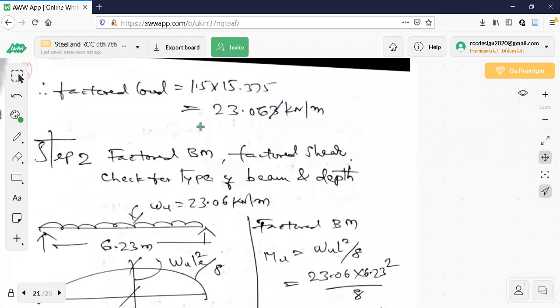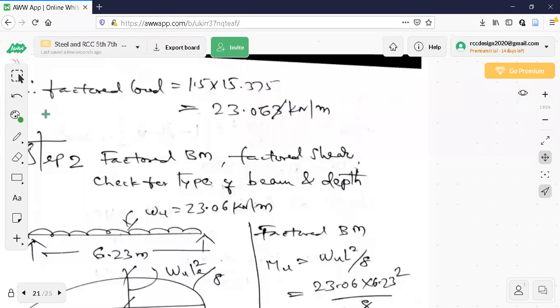Because see 15.375, during the life of the structure, I'm not sure whether only this much load will come. That is why, to be on the safer side, I am multiplying this by 1.5, which is partial safety factor. So I have increased the load by 1.5 times.